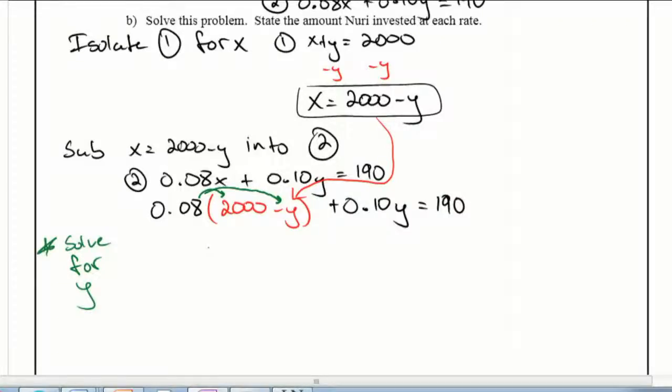I should end up with 160. And then I'm going to end up with negative 0.08 times y. And then I'm just going to bring everything else down. Plus 0.10 times y is 190. So all I've done is distributed the 0.08 through the brackets.